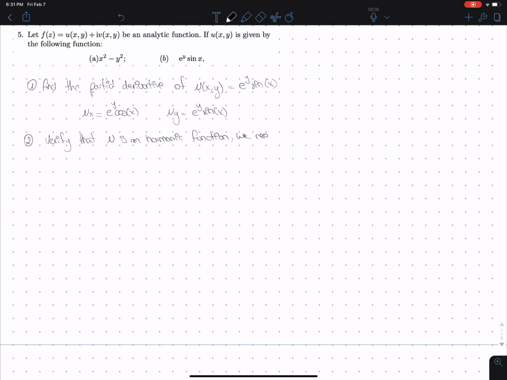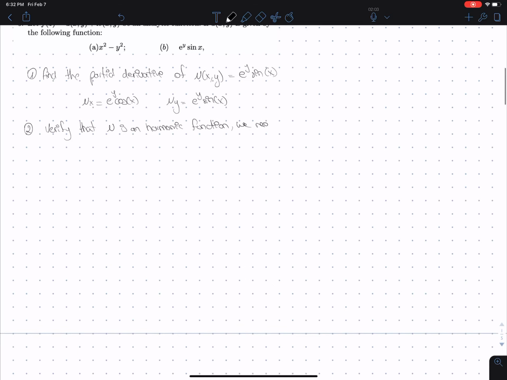So once we have taken the second partial derivative of u in terms of x and the second partial derivative of u in terms of y, when we add those terms, the sum is going to be equal to 0.